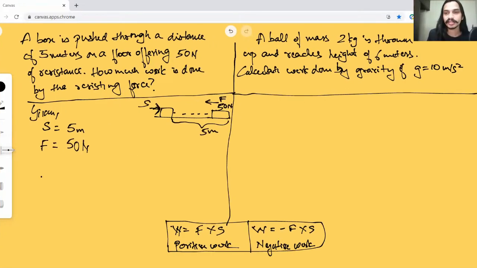All you need to do is substitute these values in your formula and then you will get the answer.